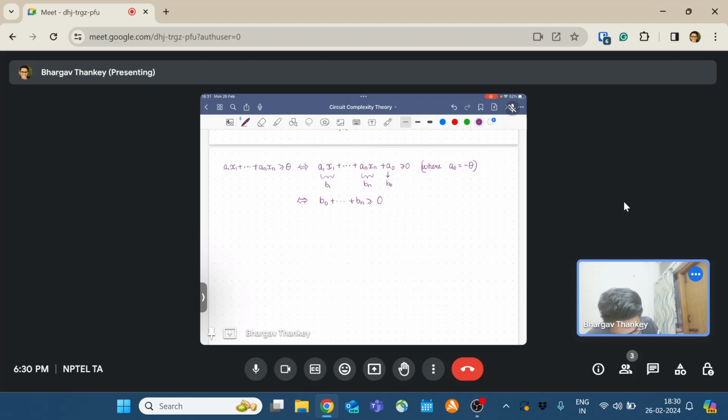Let S1 be the subset of B0 to Bn containing non-negative numbers, and S2 be the subset of B0 to Bn containing negative numbers.